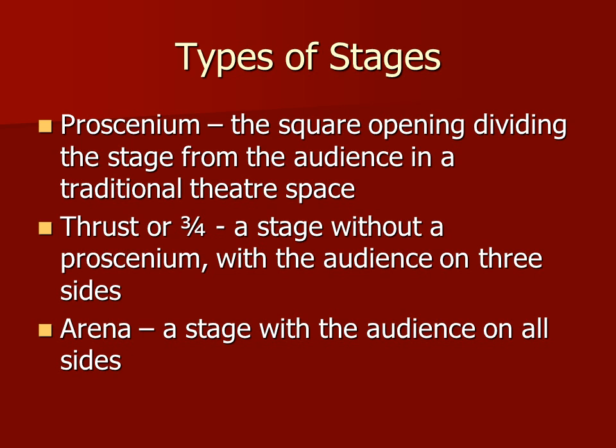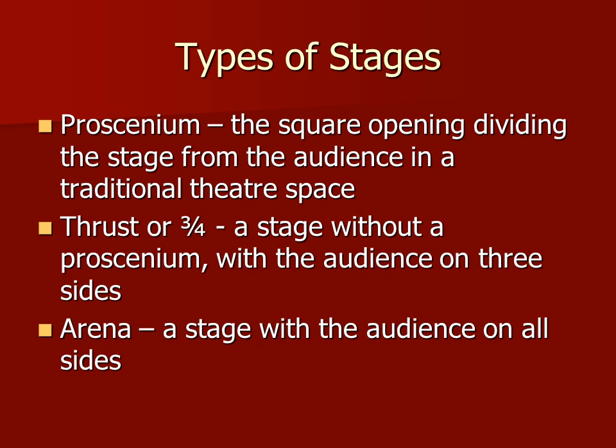So instead of there being a big separation between actor and audience, the audience sits on three sides of the stage, and then there's a fourth side that is the back wall that is used for the set. This gets the actors really close to the audience. Some of the stages, for example, at Playmakers out in Chapel Hill, use a thrust stage. Or if you've been to any of the shows at Burning Coal Theater Company in Raleigh, that uses a thrust stage as well.